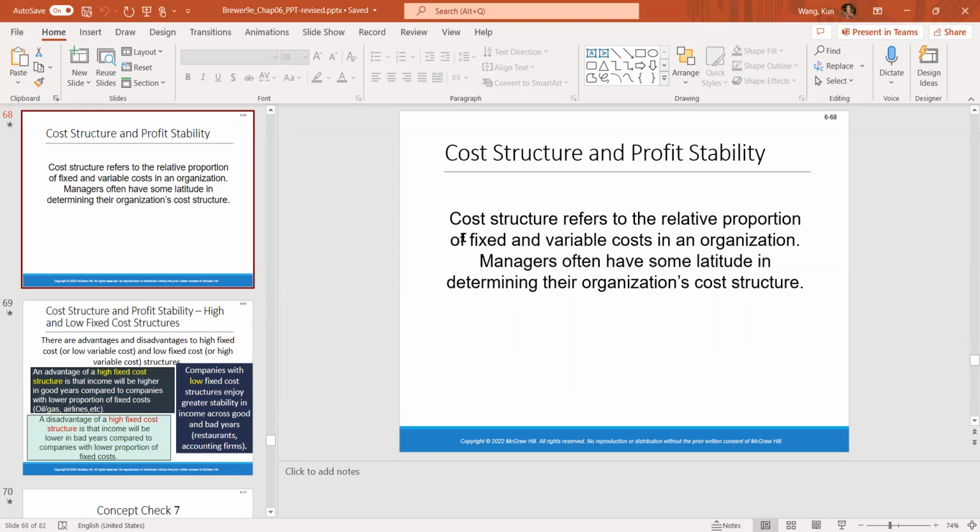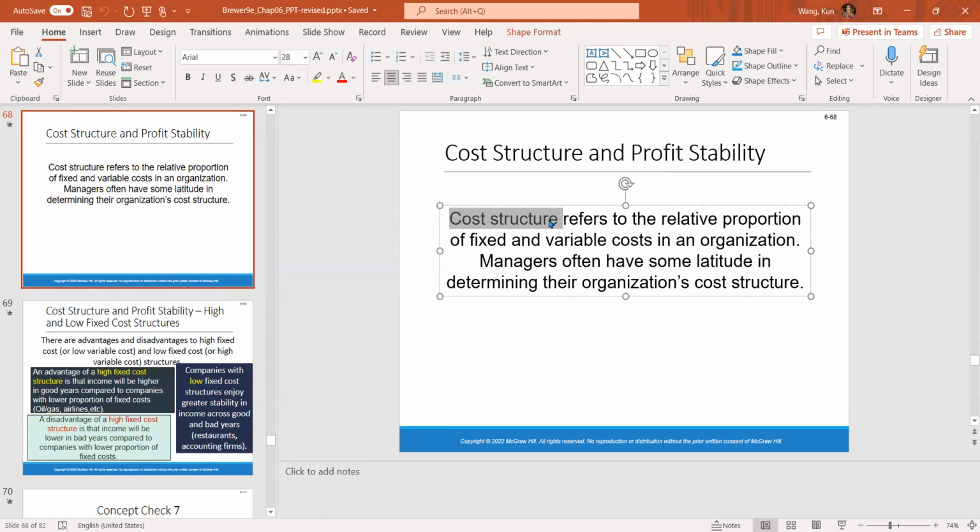So the cost structure refers to this relative portion of the fixed and variable cost in an organization. Be careful, it is not talking about the structure of your product cost, period cost, direct cost, or indirect cost, but especially referring to the relative weight of the fixed and the variable expenses.